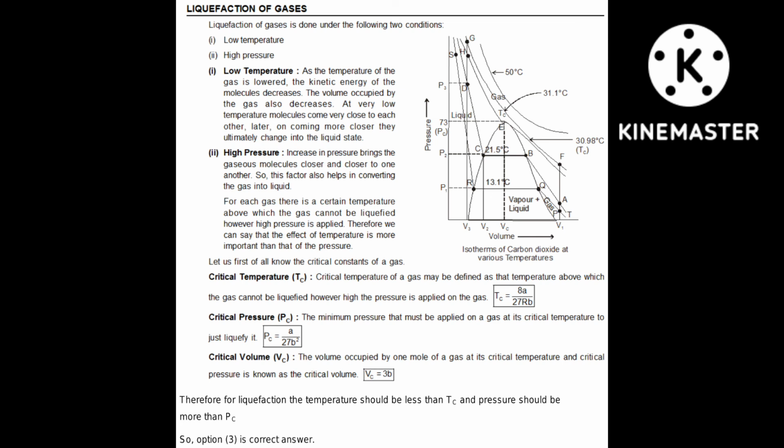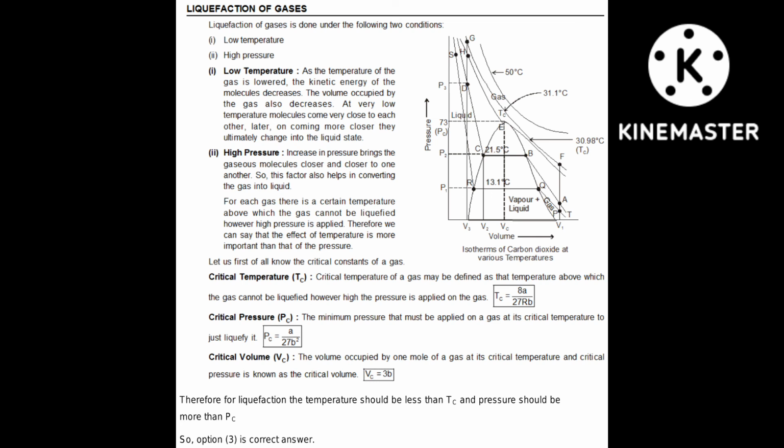It is in Kelvin, so 273 plus T. For 33 Kelvin, you subtract 273 to get the answer in degree centigrade, which is a negative value, a very low temperature.